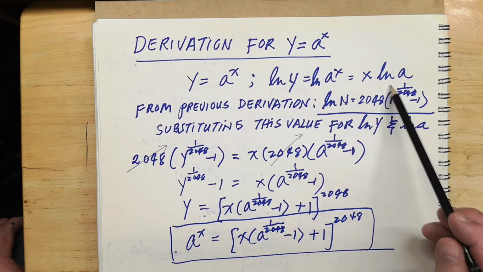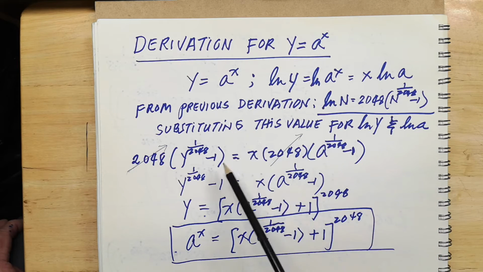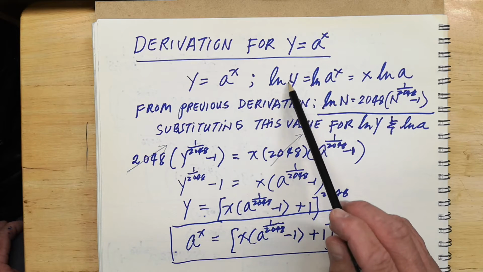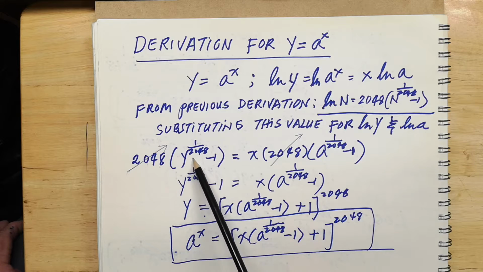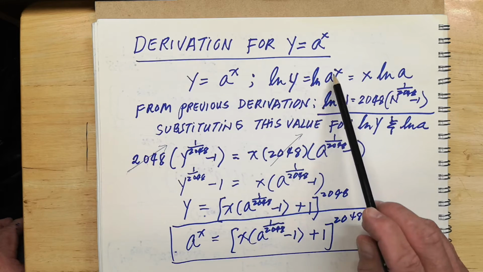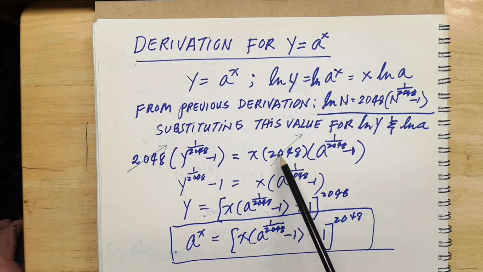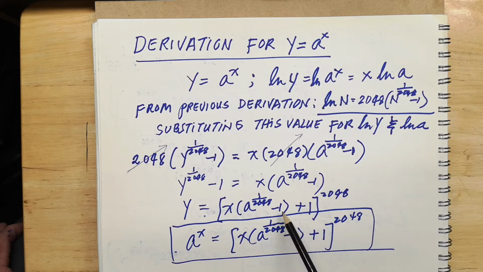So we use this formula to find the ln of y. Therefore, ln of y is equal to 2048 times y raised to the 1 over 2048 minus 1, is equal to x times ln of a, which is 2048 times a raised to the 1 over 2048 minus 1.